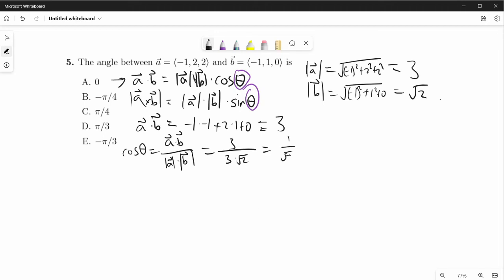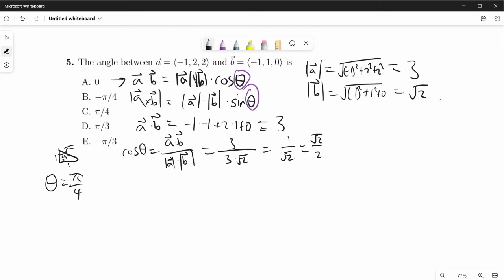So 1 over root 2, which if you multiply top and bottom by root 2, you get root 2 over 2. You should be able to recognize that theta should be pi over 4 here. All right, a 45-degree angle.